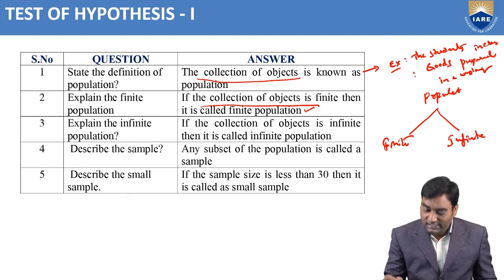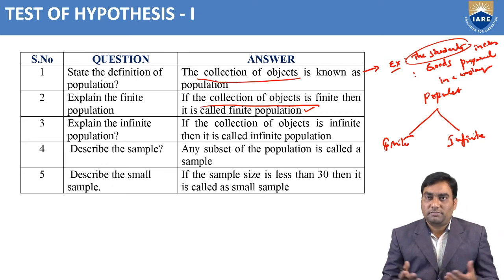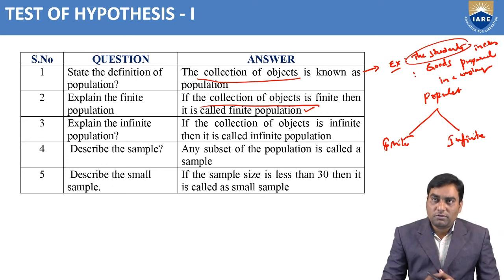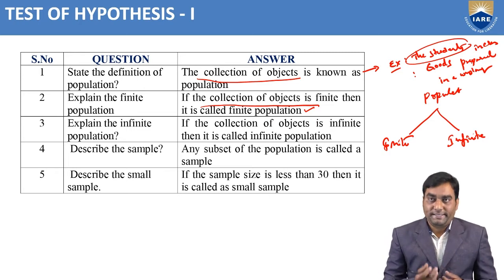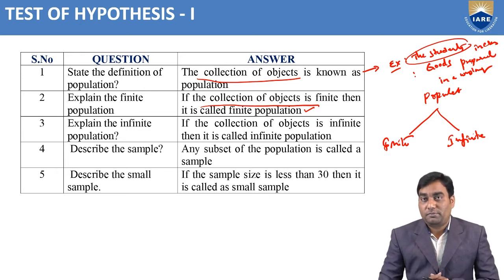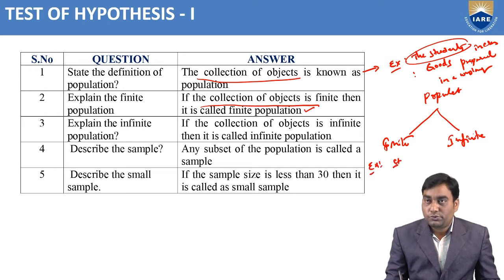Suppose the students in a classroom. How many students regularly in a classroom? 60 members. Is it countable? Yes, it is countable. It is finite. So such types of populations are known as finite population. So example for finite population, the students in a class.